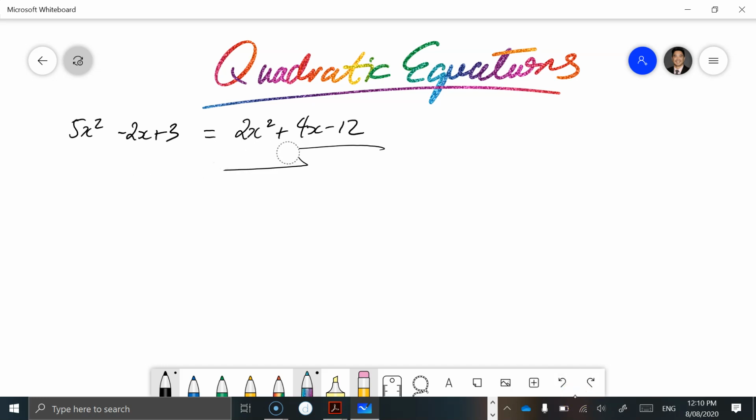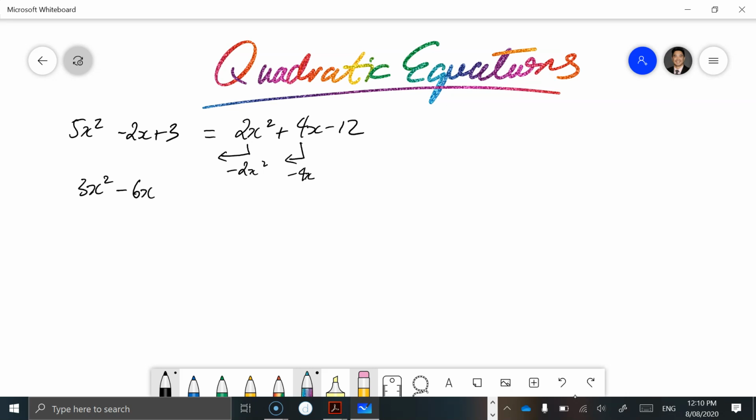So let's get rid of the 2x squared by subtracting 2x squared. So 5x squared minus 2x squared is 3x squared. We're going to then also get rid of the 4x by subtracting 4x from both sides. So minus 2x minus 4x is going to be minus 6x.